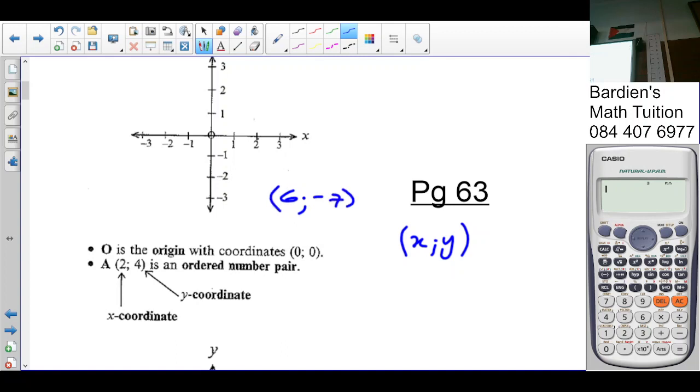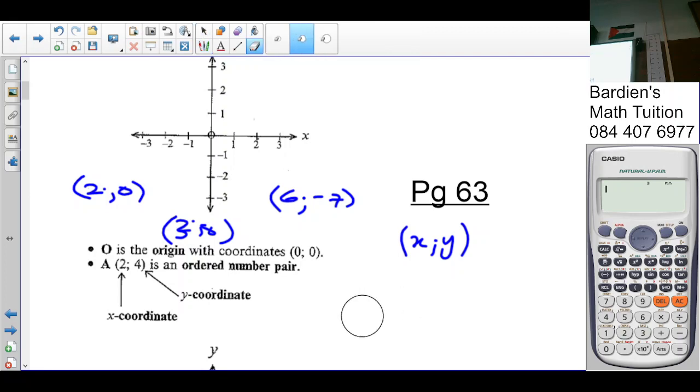Negative 7. What's your x value? 6. If I got 3 and 8, what's my x value? 3. My y value? 8. If I got 2 and 0, what's my y value? 0. What's my x value? 2. So an ordered pair consists of an x value and a y value. You guys understand?